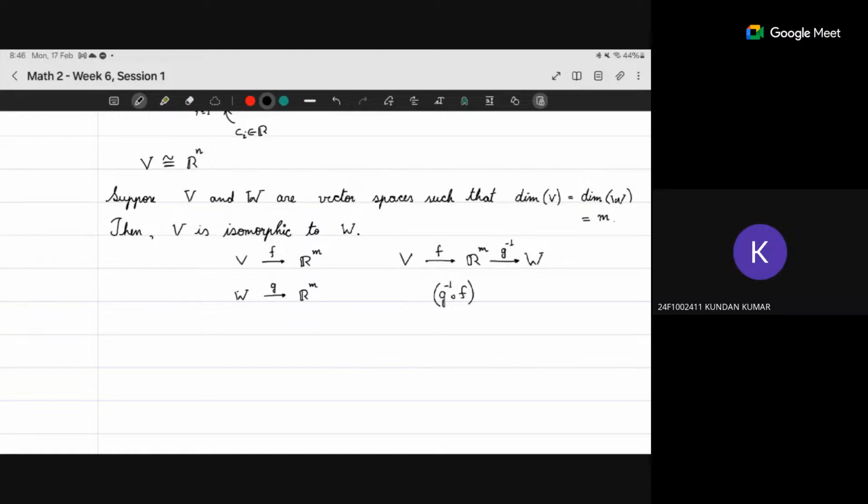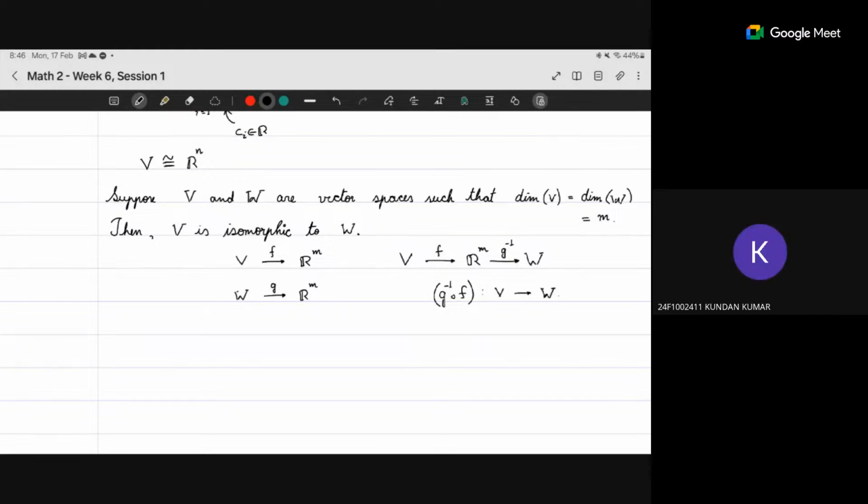So F is a bijection, G inverse is a bijection, so G inverse of F is a bijection. And this is a map from V to W. If you don't remember the inverses and the properties of inverses, just go back and check it. But this is the fact that G inverse of F is a linear isomorphism between V and W. Is that clear?